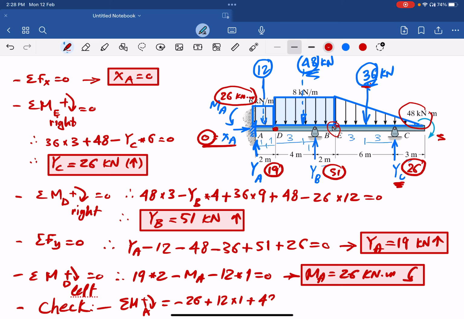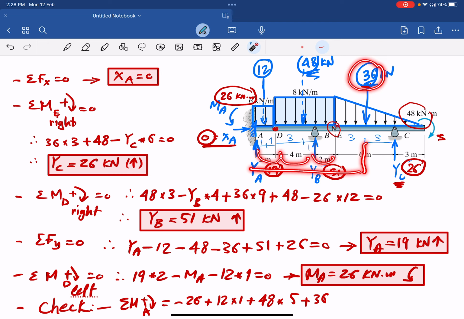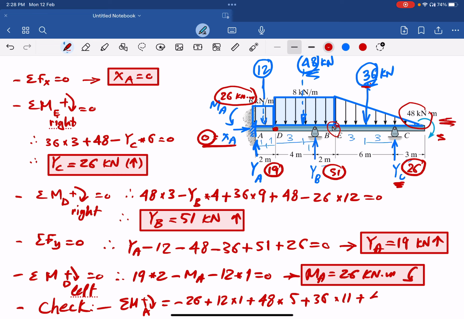plus 48. Let's take all loads first. 48, which is this load, times this distance, it is 2 plus 3 equals 5, so times 5, plus 36, which is the third load that we have here, times this distance, it is 2 plus 4, 6, plus 2, 8, plus 3 is 11, so times 11, plus again 48 kilonewton meter, this is a moment, and minus reactions, YB times 6 and YC times 12 plus 2 is 14.